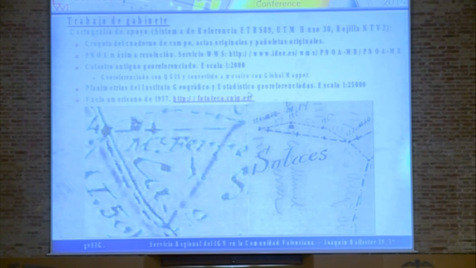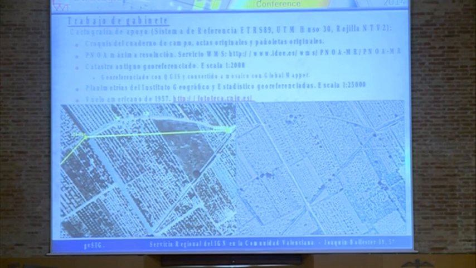Right, for our office work, we resort to all available means, the original notebooks or logbooks, drawings on those notebooks, and the overhead photographs of 1956, which could be helpful sometimes.